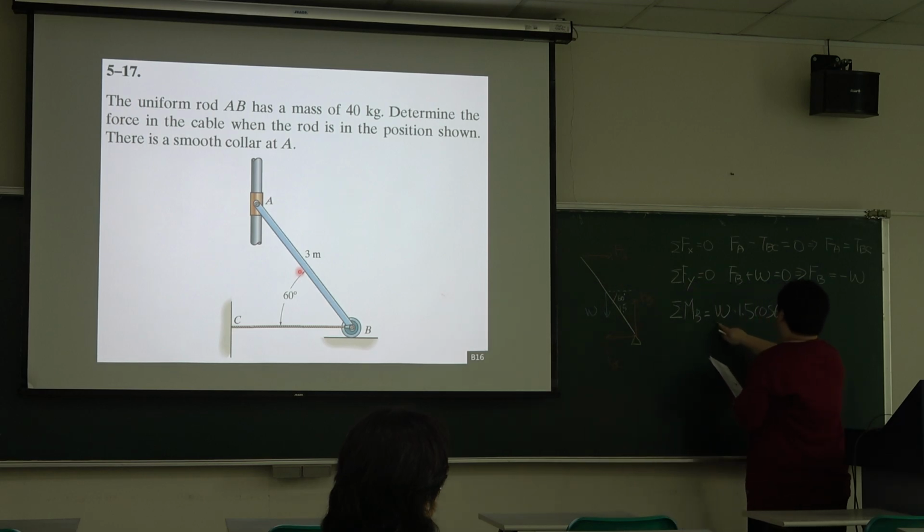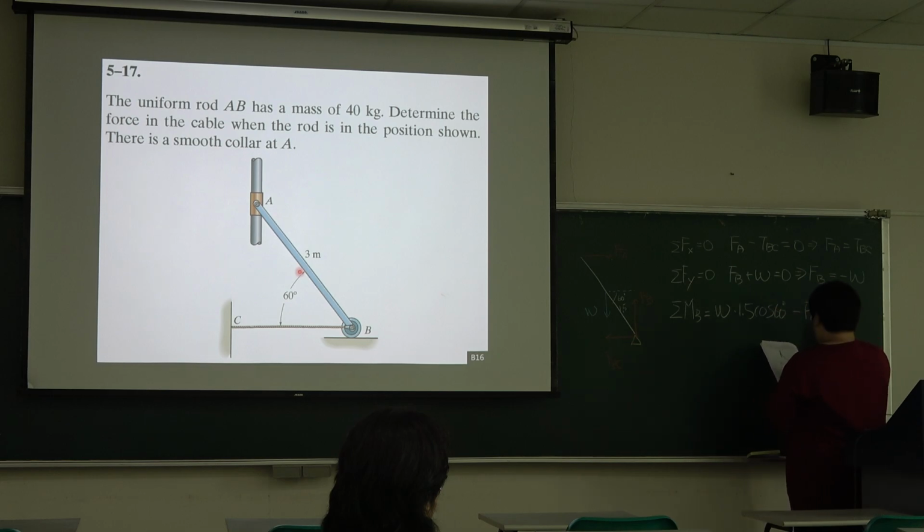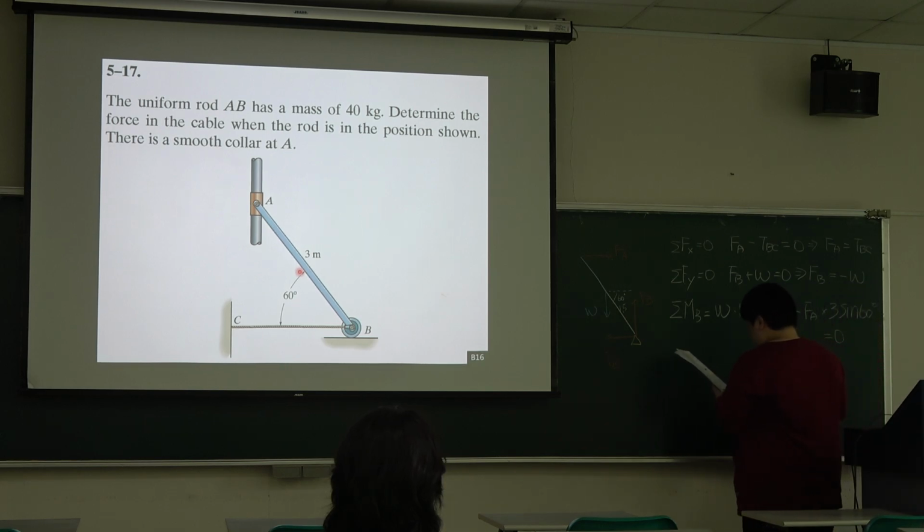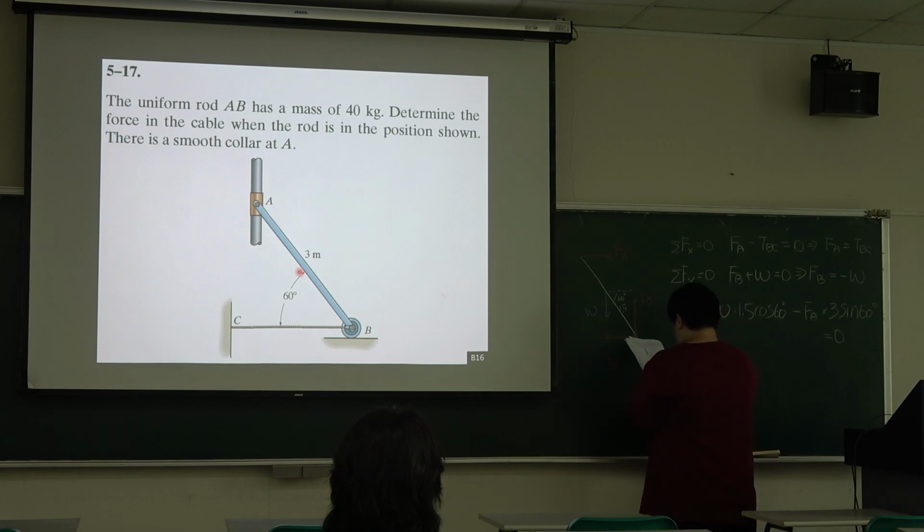So this is positive, and the FA is negative moment. So use the FA times the moment arm. Then this equation is equal to 0. So we can get the FA answer and the TBC answer.